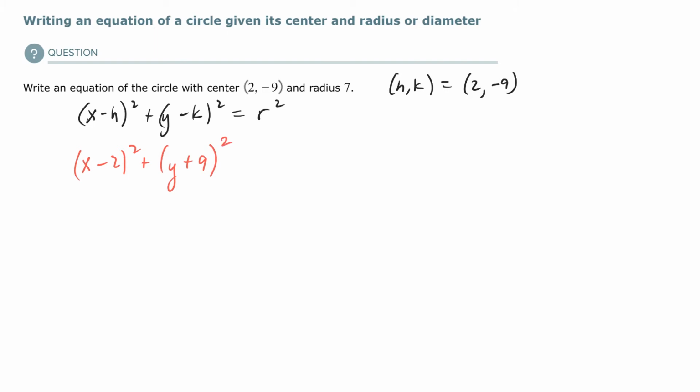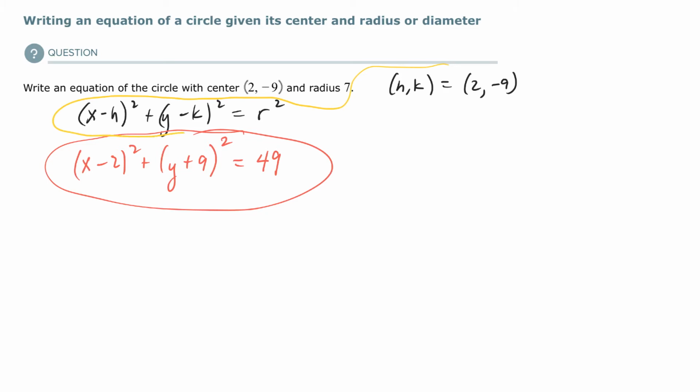And r was given as well. r is always positive, so it's 7 squared, which is 49. And there you go. There's your equation of a circle. I'll circle the final answer, and then maybe circle all the work that you should show as well.